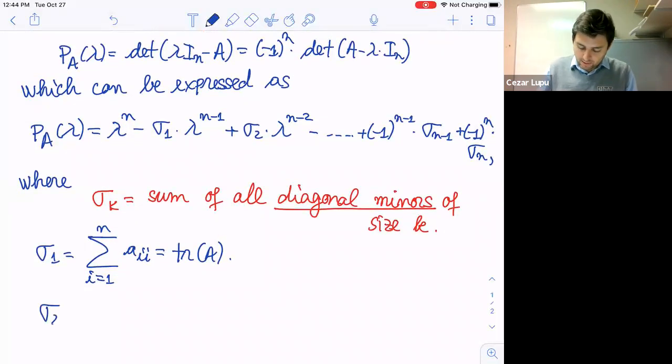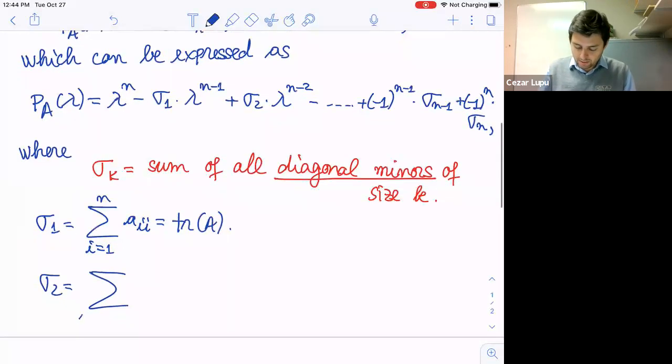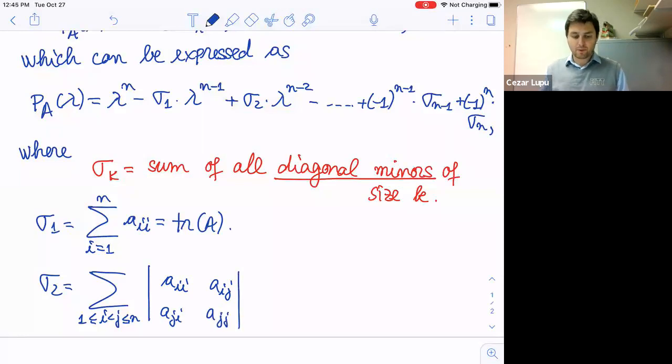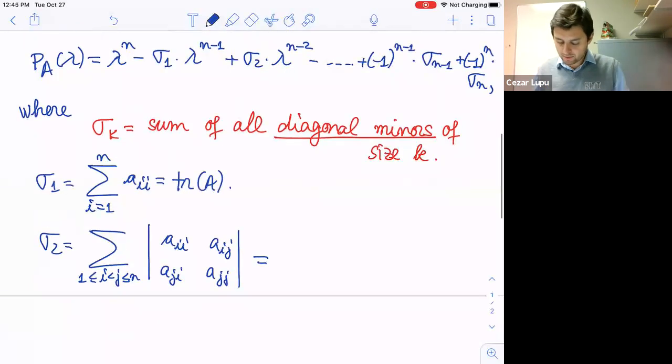But also I can write sigma 2, and this will be the sum over all i and j, with i strictly less than j, of these determinants. So this will be the determinant of the matrix with entries a_ii, a_ij, a_ji, a_jj. So this is the minor.